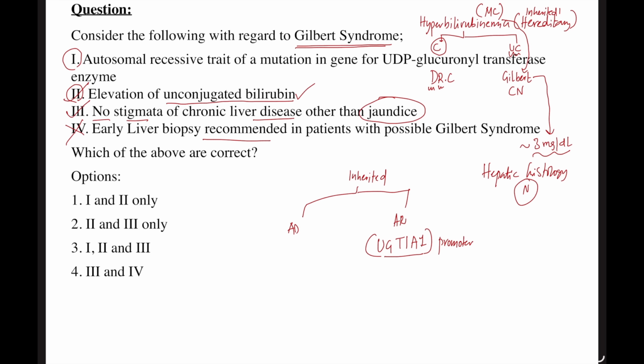But if there is a missense mutation, it can be inherited as autosomal dominant. Yes, this is also correct. So, the correct answer here is 1, 2, 3. Right? Done?